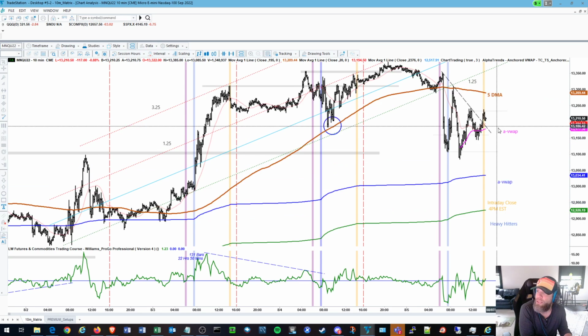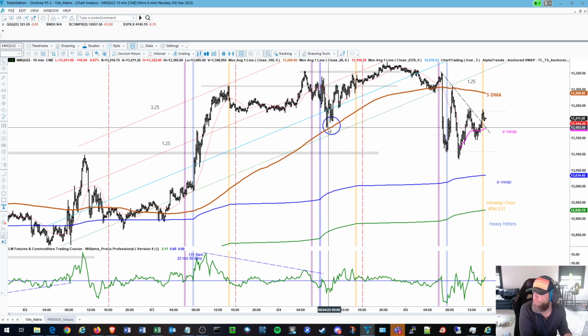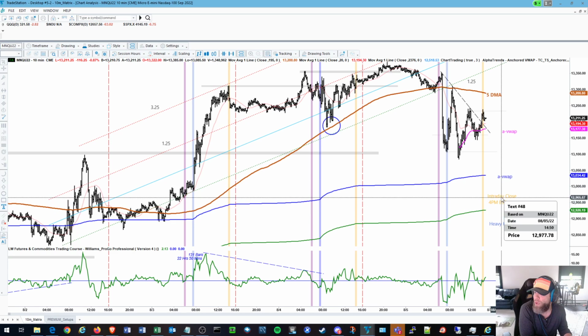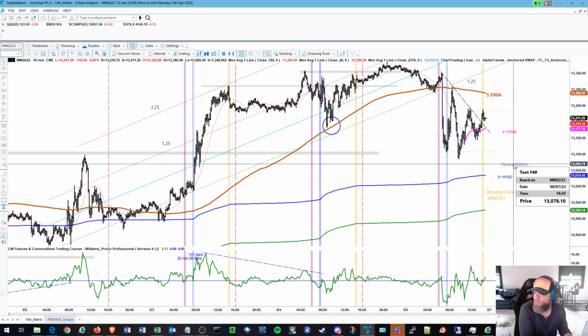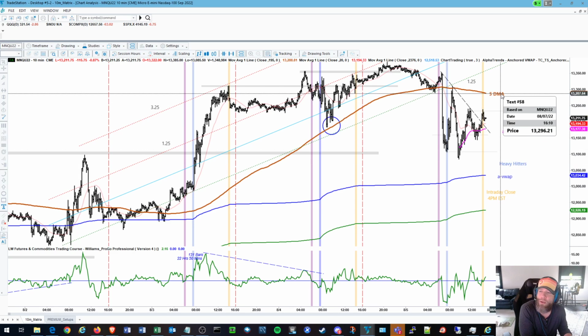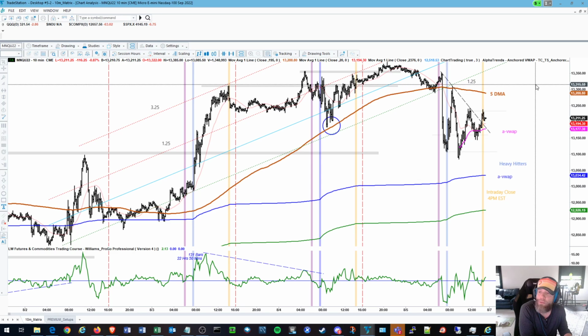But as it looks now, we cleared out this pivot right here, and we'll be looking for targets. We'll be looking at the anchored volume weighted average price. We'll be paying attention to what the heavy hitters are going to do on Monday, but Friday sometimes leads to a little bit of Monday activity.